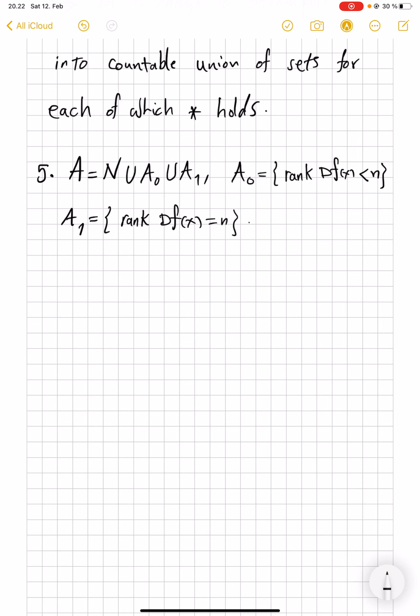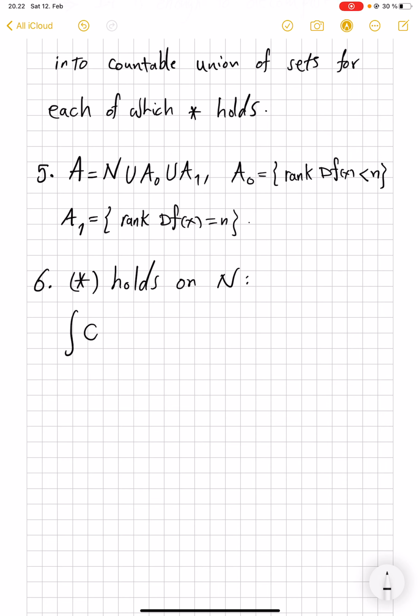And these three sets are disjoint. They have empty intersection. Therefore, it suffices to prove star for individual ones. So star, which is the Coarea formula, holds on each of them.